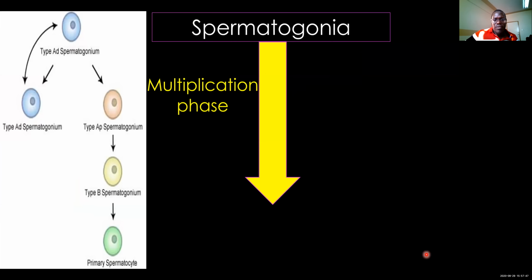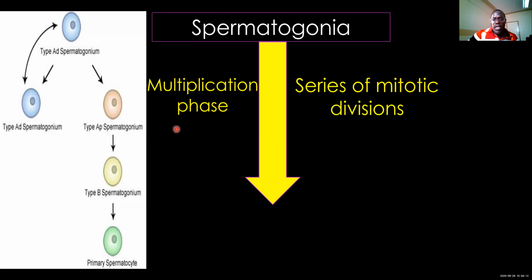When puberty reaches, then we need to do step 2 of gametogenesis with reference to spermatogonia. And that step 2 was where we are having numerical increase. And we agree that this can only be achieved by mitotic division, not meiotic division, and we gave a reason why.